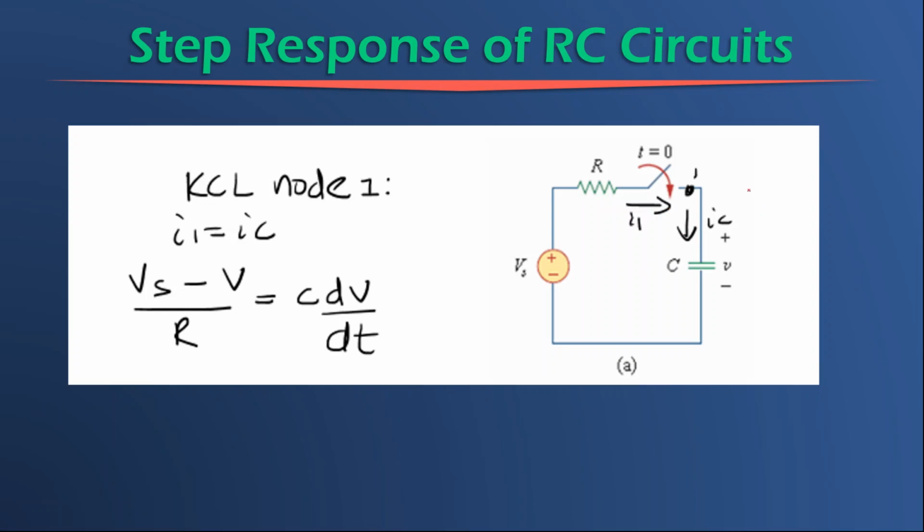So the current going in is going to be (Vs minus V) over R, where we call this point here V, and that's going to give you the current IC, which we know is C dV/dt.